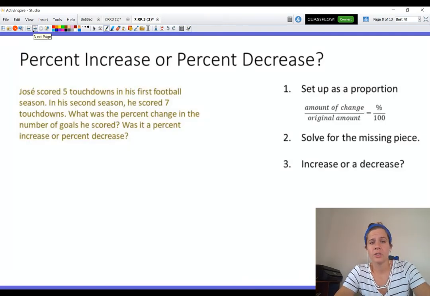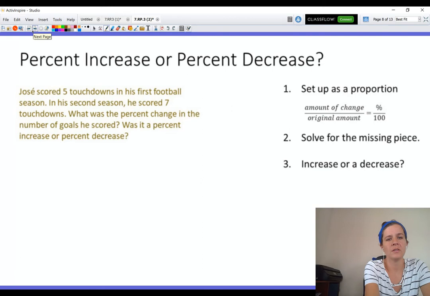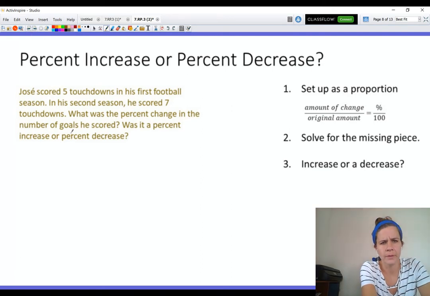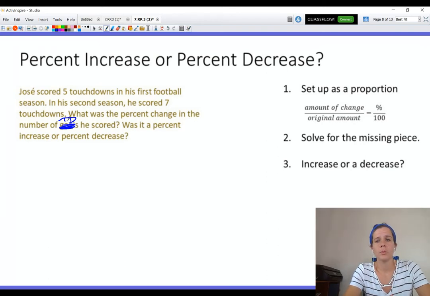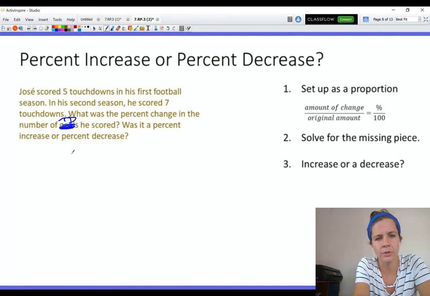Jose scored 5 touchdowns in his first football season. In his second season, he scored 7 touchdowns. What was the percent change in the number of touchdowns he scored? Was it a percent increase or a percent decrease? So let's set up our proportion. How much is the amount of change? How do we find the amount of change? We can find it by subtracting, over the original amount.